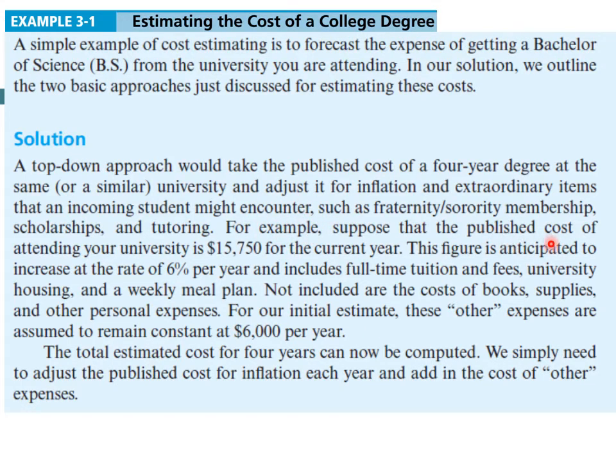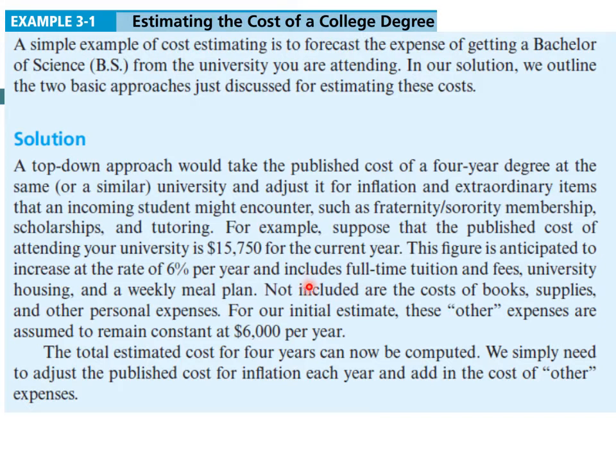Assume the published cost of this university is $15,750 for the current year. If you start now, then you need to pay this amount. And you anticipate that this cost will increase at a rate of 6% per year.